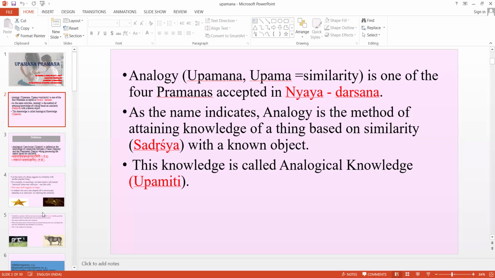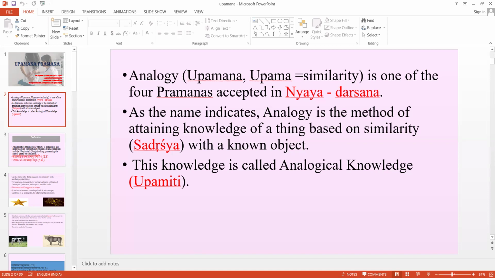If you analyze what I have told till now, you can understand that to get upamana pramana knowledge, you have to see that object. To see the object means you are using your pratyaksha pramana.